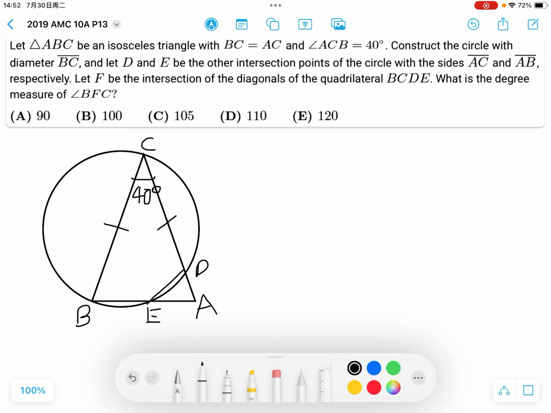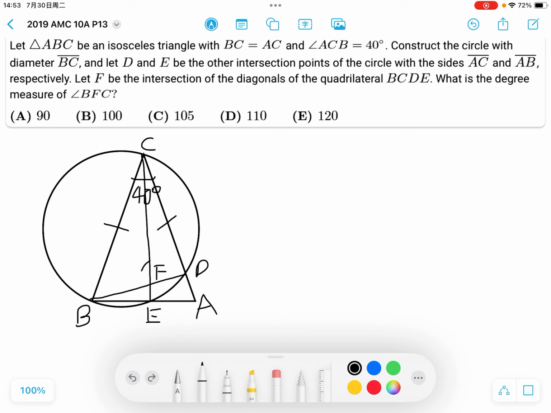So this is my quadrilateral, and where are the diagonals? My diagonals are CE, so let me just draw that, CE, and BD. So these two are my diagonals. So my point F is going to be here. So I want to figure out BFC, which is this angle over here.